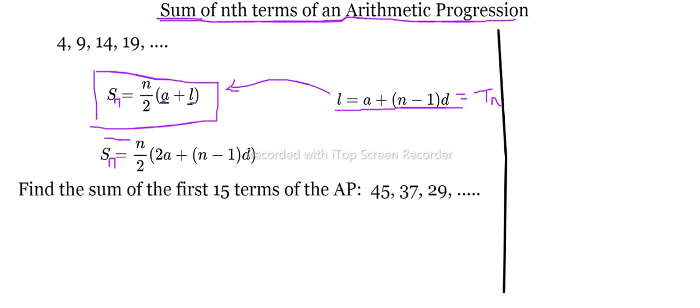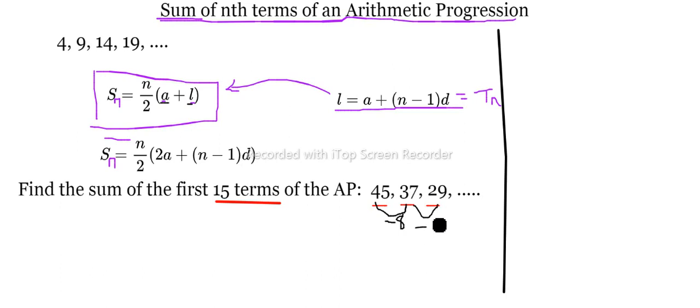We have another question here: find the sum of the first 15 terms of the AP 45, 37, 29. Firstly, we have to establish whether this is an AP. If I move from 45 to 37, that's like I subtracted 8, or I had negative 8.